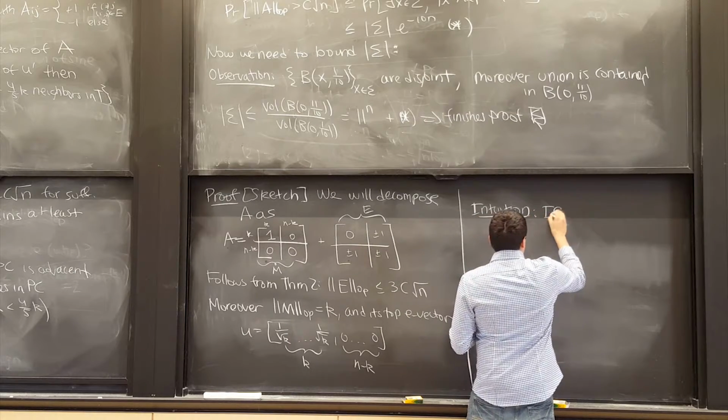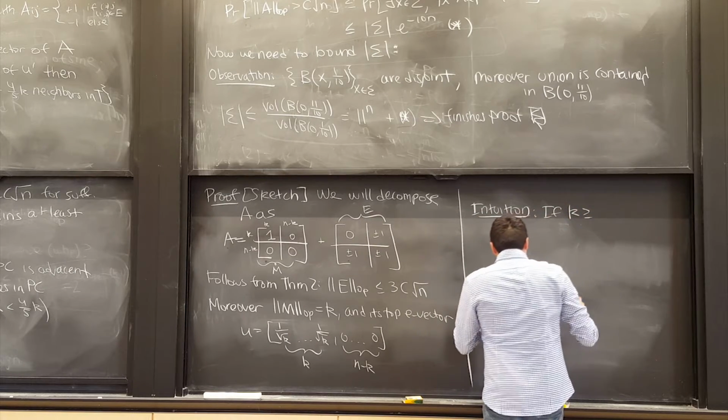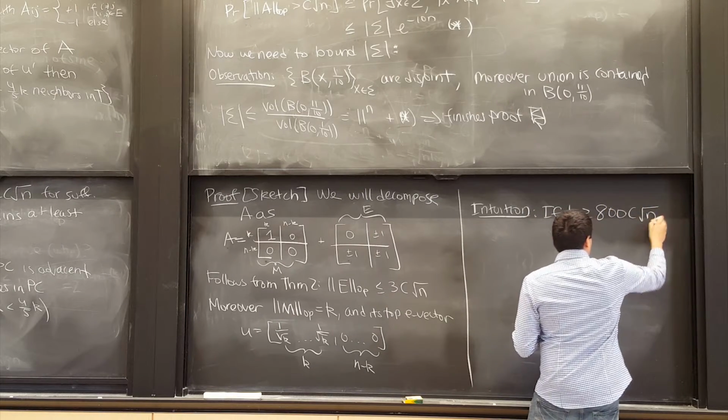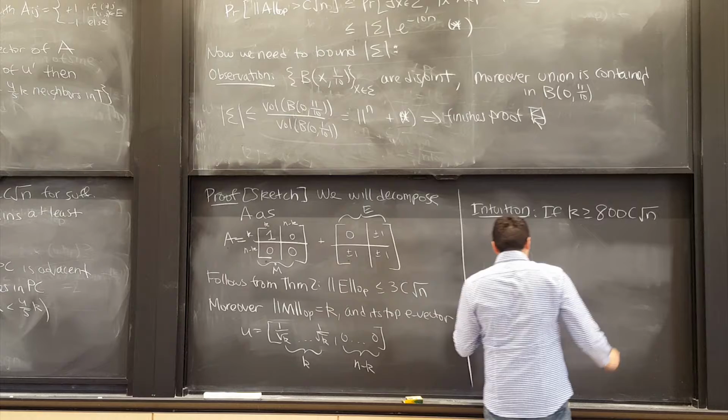So now I can tell you the intuition, which is very simple now. If k is, let's give ourselves a lot of room in here, just for simplicity, I don't really care about optimizing the constant.